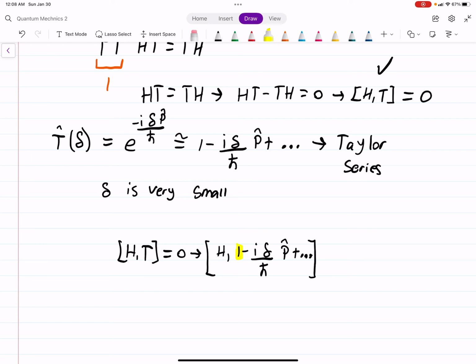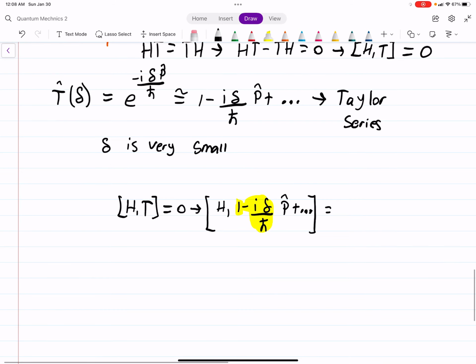That's just a number. And the second term will have some constants, minus i delta over h bar. Those can be factored outside your commutator relation. And our commutator, H with momentum p, is equal to 0 from here. Okay, cool. So we see that the Hamiltonian and momentum operator commute.